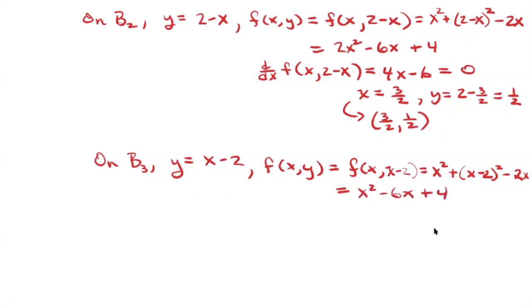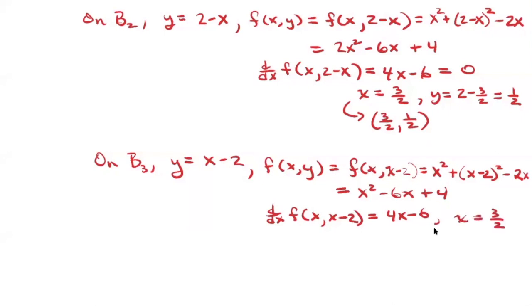Okay, and I'm going to jump through these hoops here. So the derivative with respect to x of f of x comma x minus 2, we've already done, that's 4x minus 6. So that means x is 3 halves.